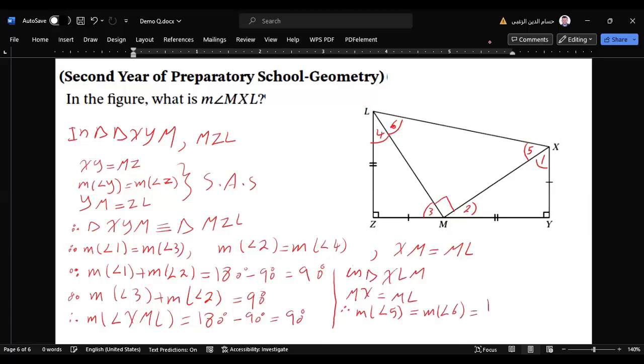Each of them has measure (180 minus 90) over 2, which equals 45 degrees. Then the measure of angle MXL equals 45 degrees. Thanks.